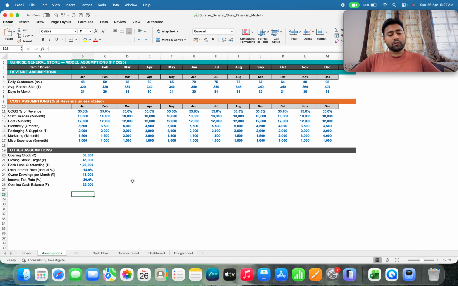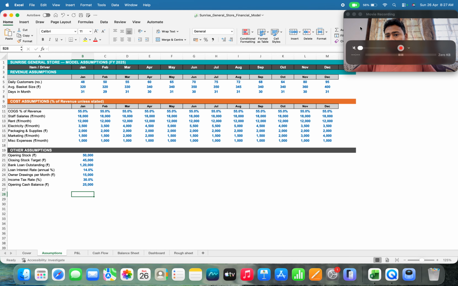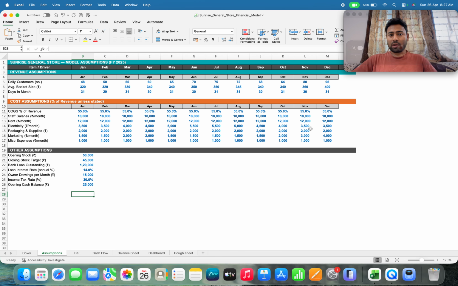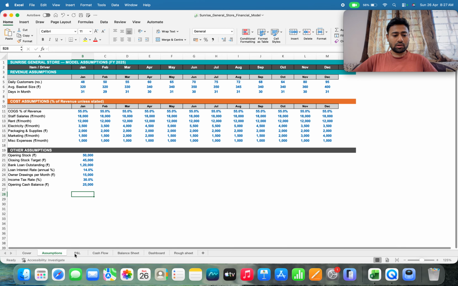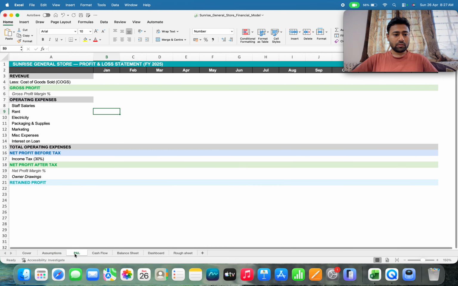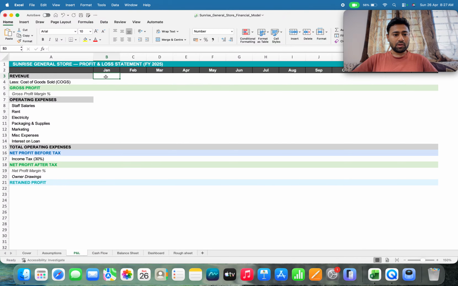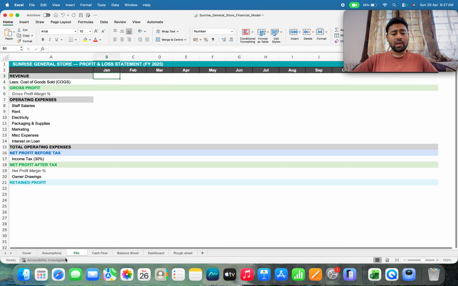As I have said, the assumption sheet is very important for this. I'm going to start with the P&L, where we have revenue. As I said, the assumption sheet is the most important, as we will connect every item from the assumption sheet.